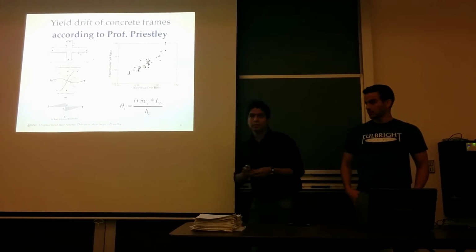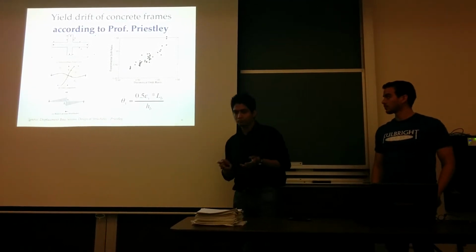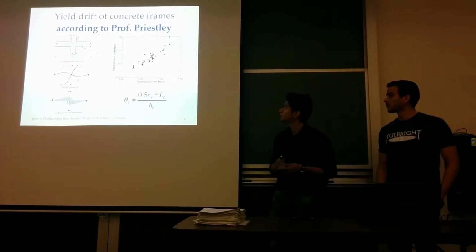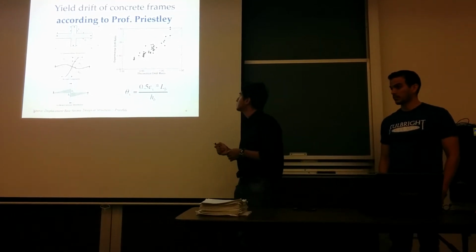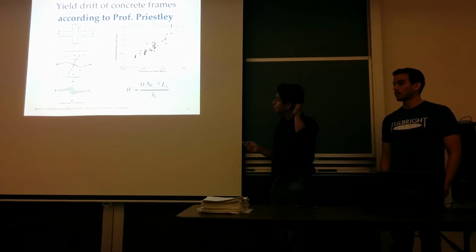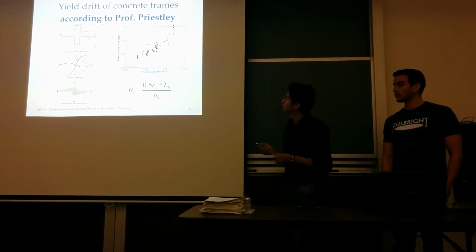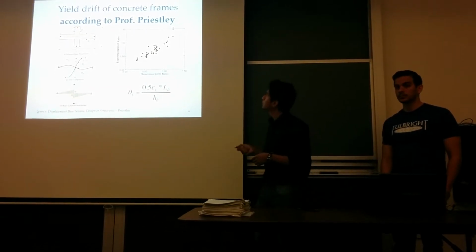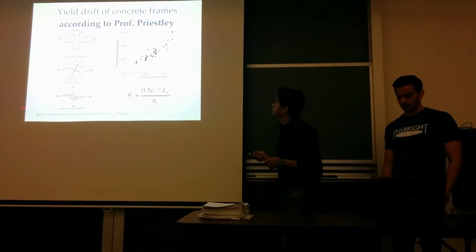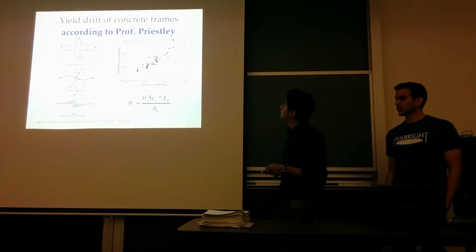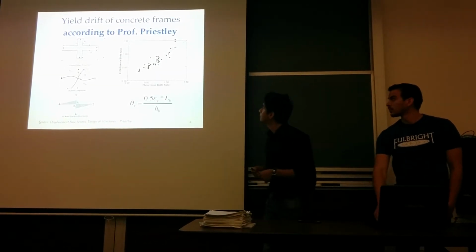In order to make sure what the model in ETABS was doing, we decided to not use the default option, and we decided to calculate the yield curvature, for which we used the formula of Professor Priestley. You can see here the correlation that he did in order to find this value for reinforced concrete structures.